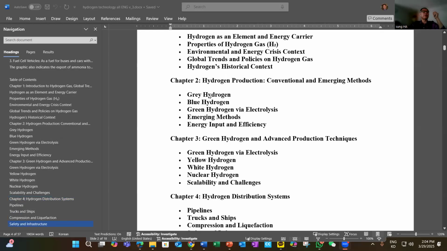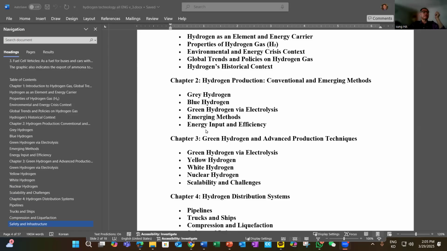We reviewed all the hydrogen production with different colors: gray, blue, and green. And also we reviewed yellow, white, and pink hydrogen.